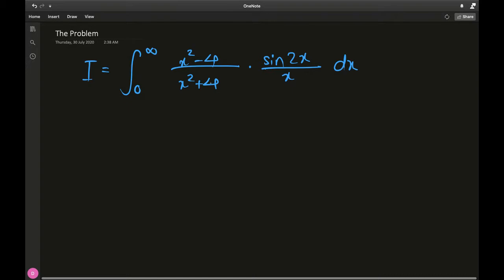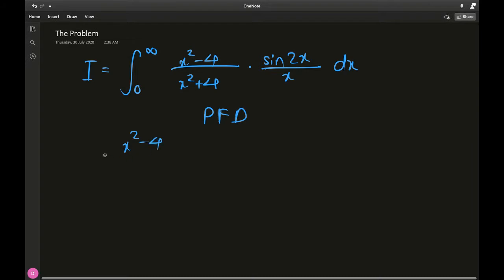There is a product of this quadratic term and this linear x term. Noticing that pattern, we can try to perform some partial fraction decomposition on the denominator, and then we'll put the numerator on top of the different partial fractions.